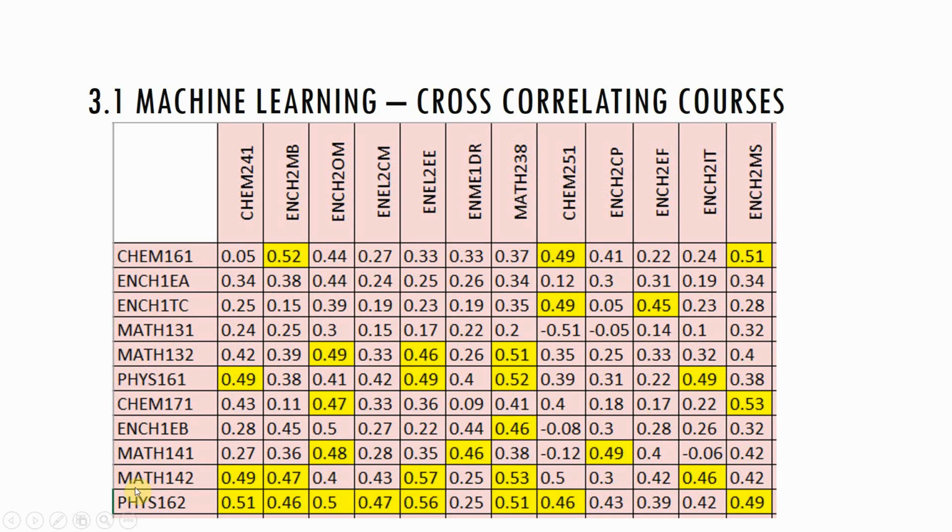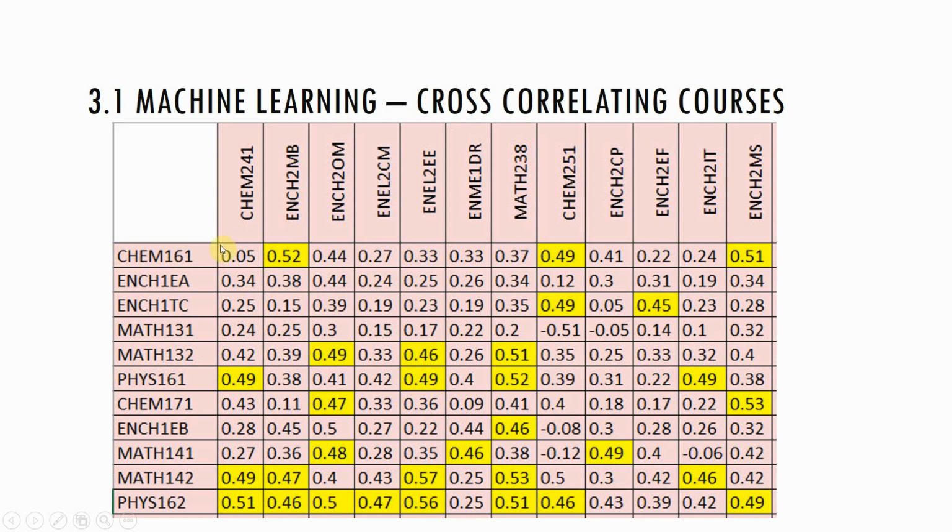We are cross-correlating the students: students who have taken this pair of courses, we cross-correlate their results, and in this case we find there's very low correlation between these courses.